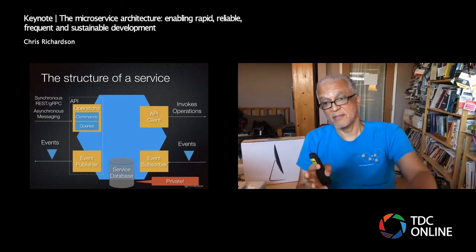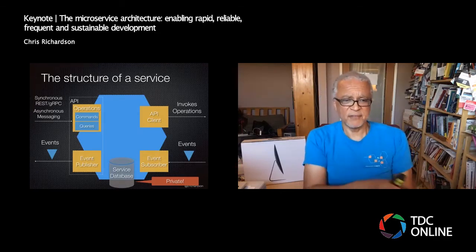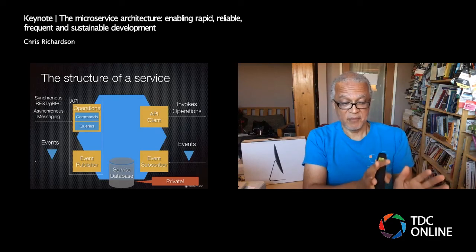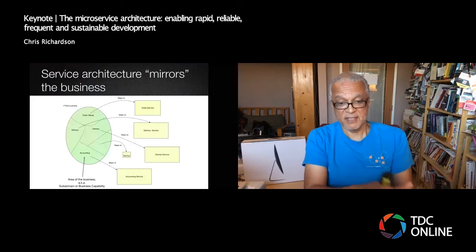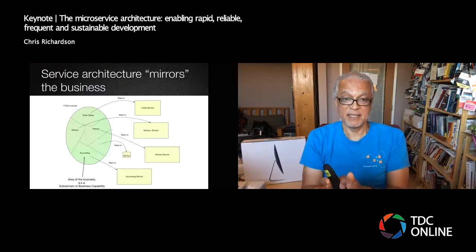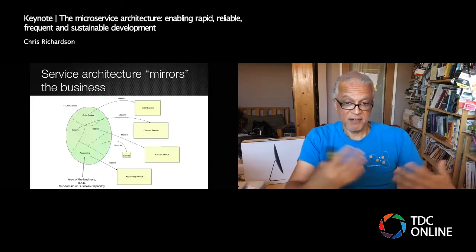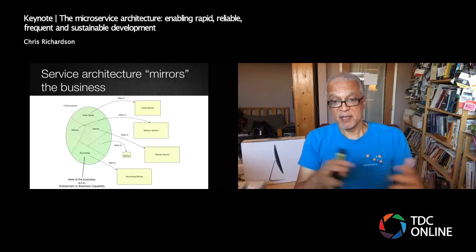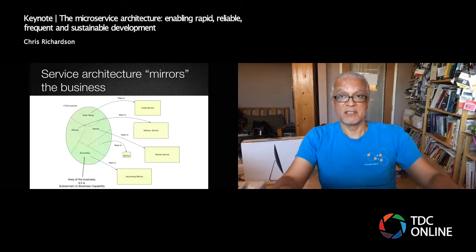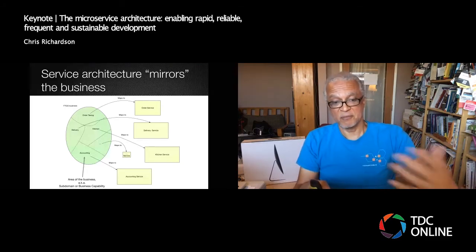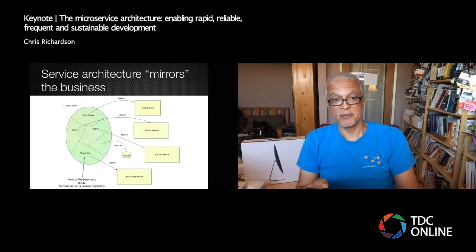So the order service, the delivery service, and so on. If you're into business architecture, you might use the term services implement business capabilities. Whereas if you're into domain-driven design, you can think of a service as implementing a subdomain or perhaps a bounded context. Depends on which school of thought you're most used to.